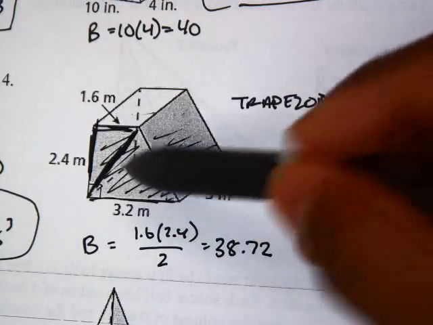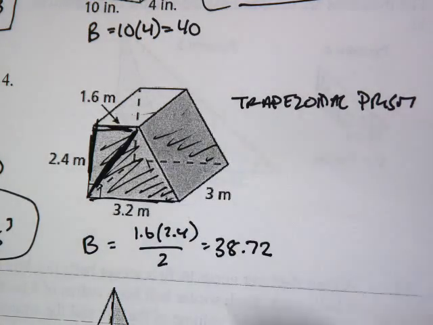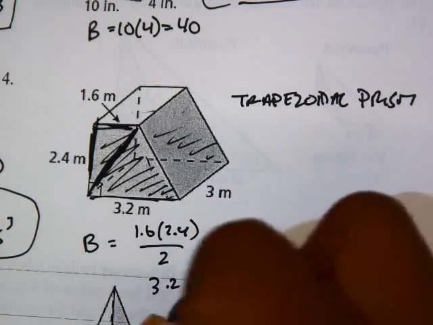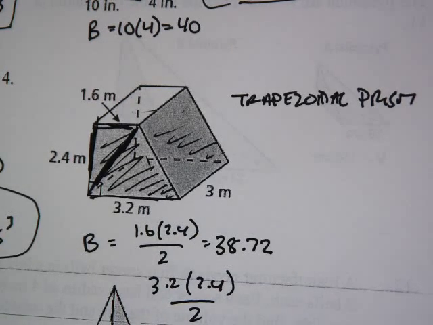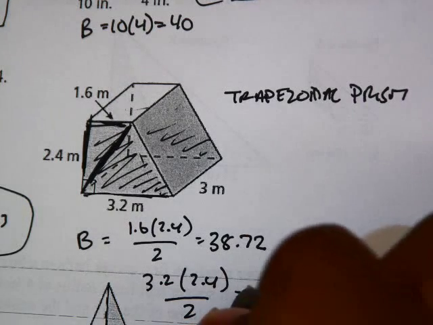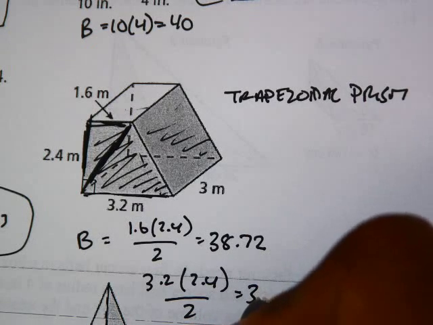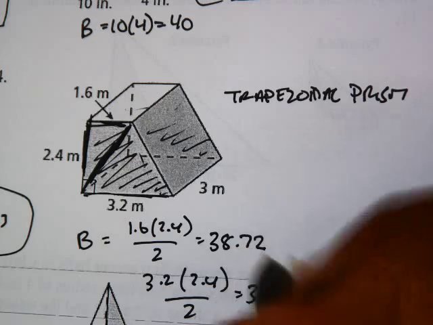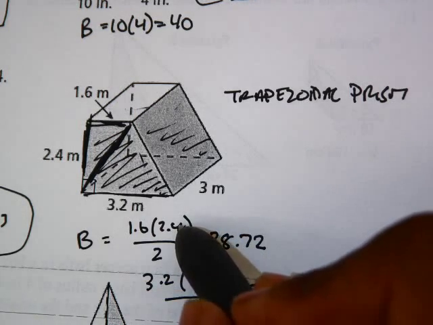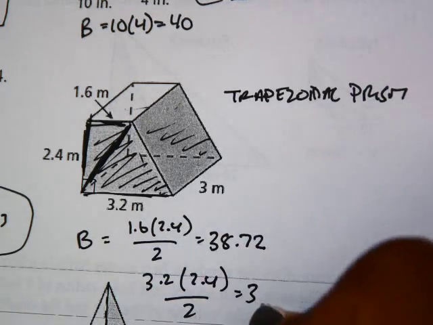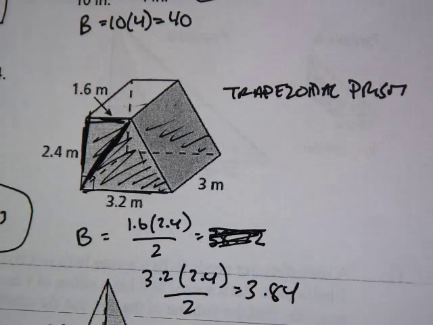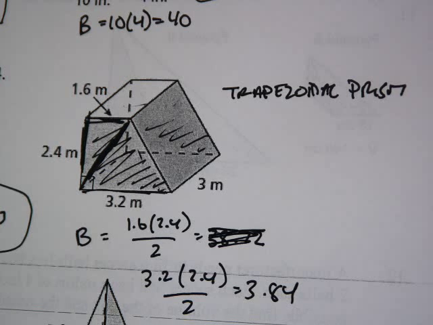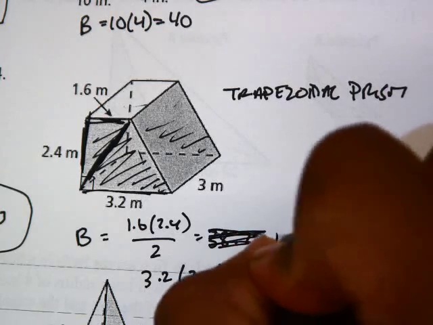And then this one, we should add it to there. That's going to be 3.2 times 2.4 divided by 2. And that's 3.84. Let me check the calculations in there first. I messed up here. I'll do this one over because that answer is completely wrong. 1.6 times 2.4 divided by 2 is 1.92.